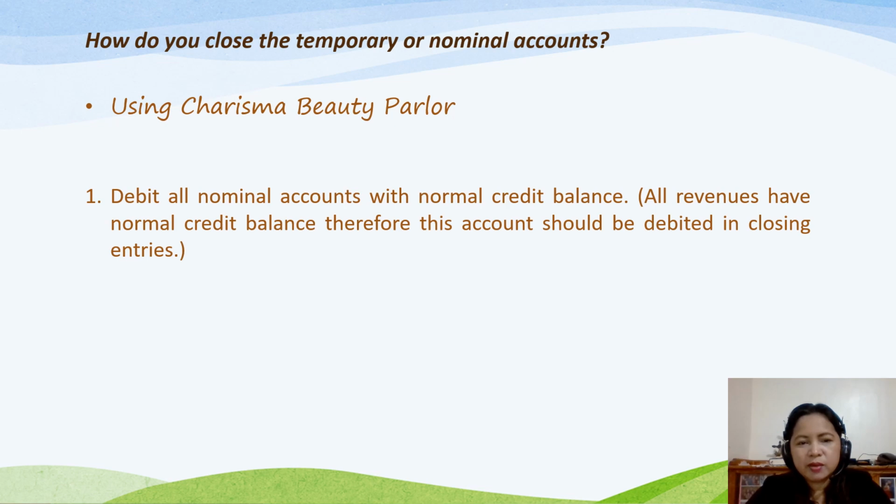So in Charisma Beauty Parlor, to close all the nominal accounts with credit balance, so on those income statement accounts, there's only one nominal account that is in the credit side, so the service income. So to close the service income, to make it zero, since it has a credit balance, it shall be debited, so that credit minus debit is equal to 0.